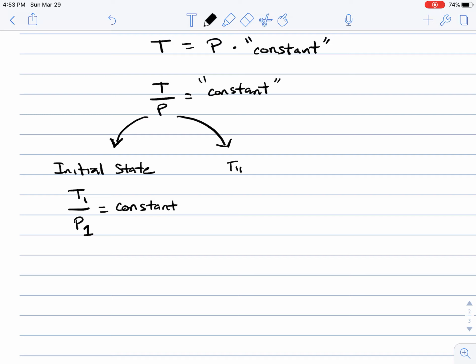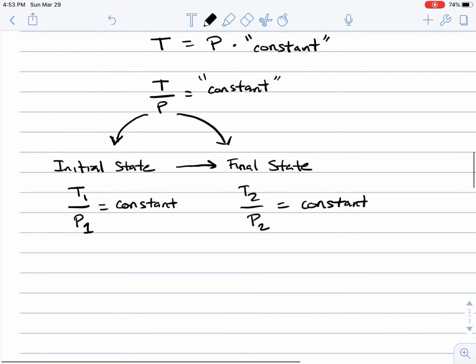And for the final state, T2 over P2 is equal to the same constant. And so the changes between initial state and final state was once again caused by temperature.